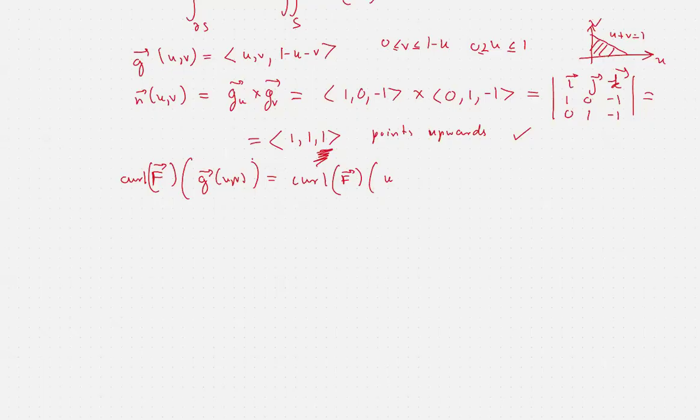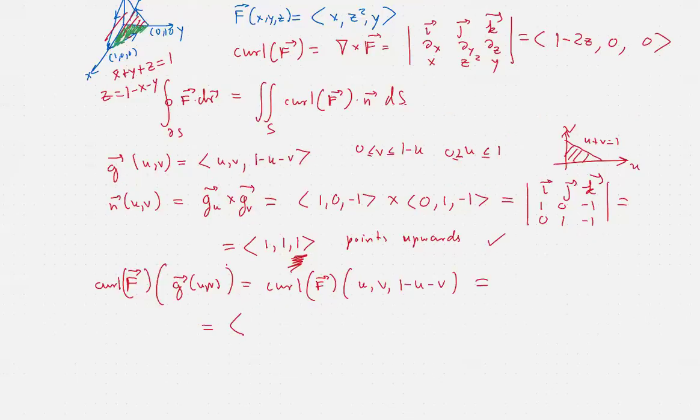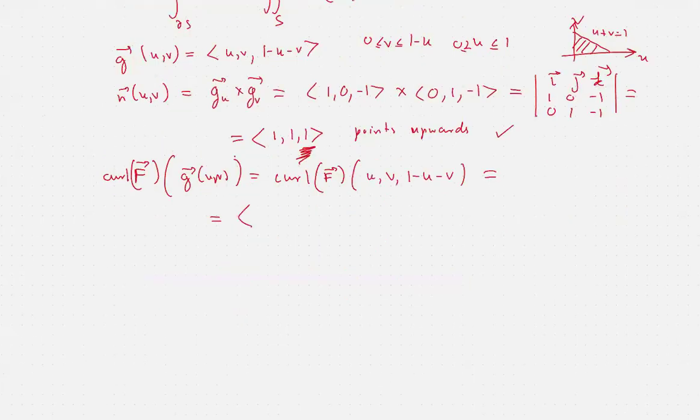And if we look at the expression for the curl, we see that it's 1 minus 2z. So z will be 1 minus u minus v. So this will be 1 minus 2 times (1 minus u minus v), and then 0 and 0. And this is the same thing as minus 1 plus 2u plus 2v, 0, 0.